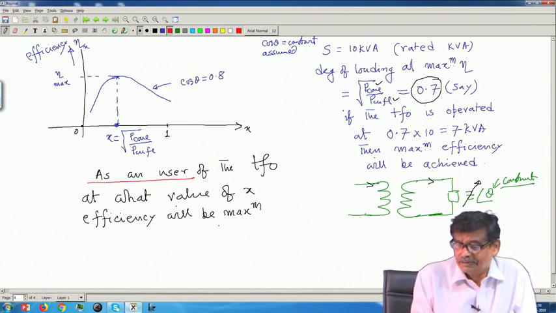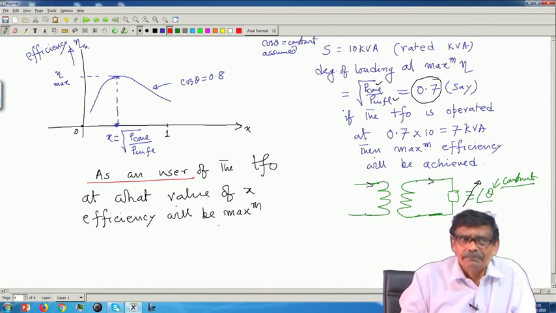Do I have a choice to say, okay, I have purchased a transformer, let its maximum efficiency occur at x equal to 0.5 or x equal to 0.8?